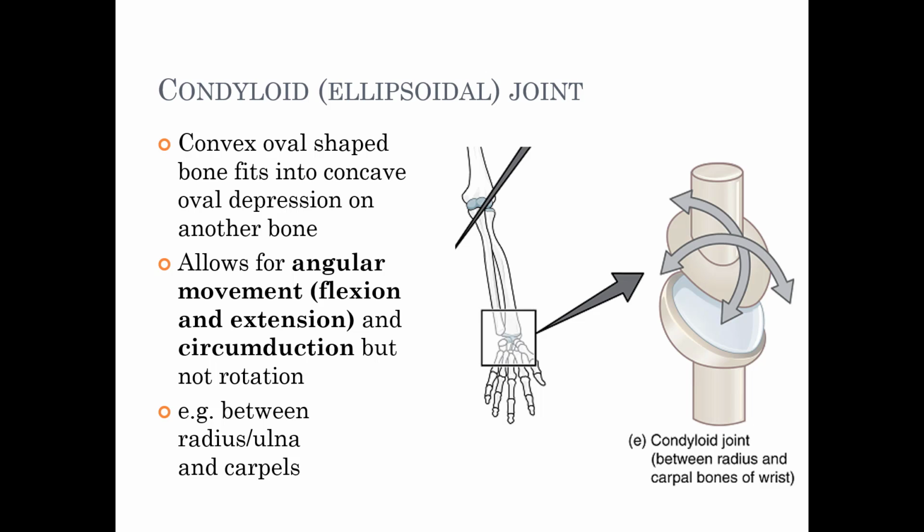Just a point about this, because we've talked about two different types of movement that are two different types of joints that are present in the carpals. So in the wrist, there are lots of bones, as you probably remember from last week, a number of different ones. But we also know that we have amazing flexibility at our wrist. So we have the ability to do angular movement at the wrist. We have the ability for circumduction at the wrist.